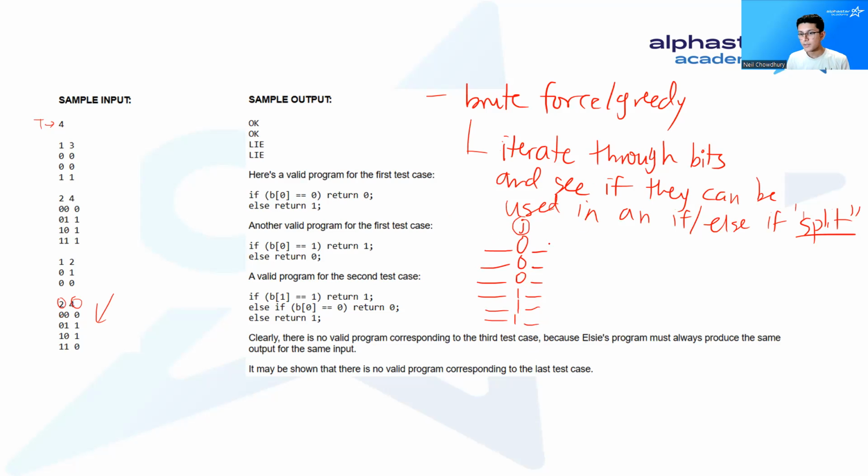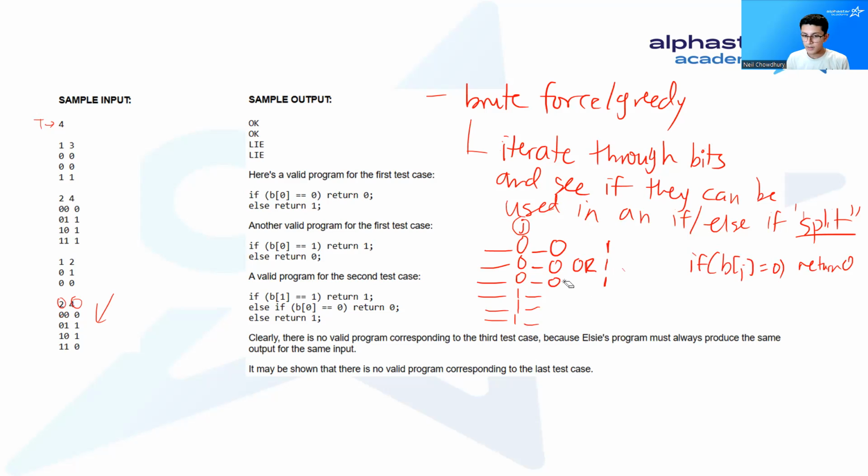So this can be used in an if statement in the very first if statement, if all of these correspond to the same value. So let's say all the zeros correspond to zeros, or all the zeros correspond to ones in the output. Then we could do something like if bj equals 0, return 0, or return 1, or whatever it might be.